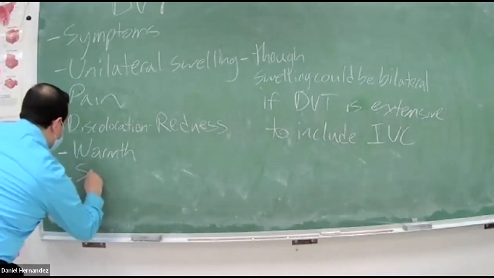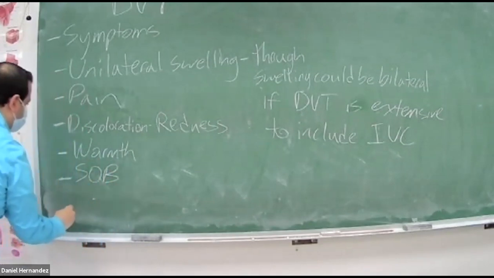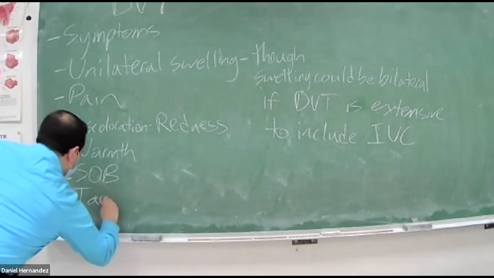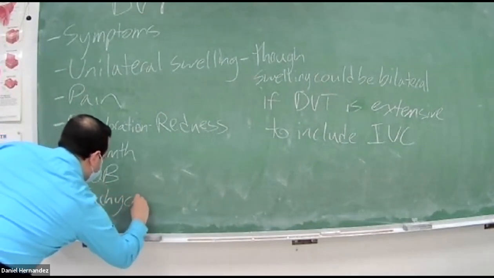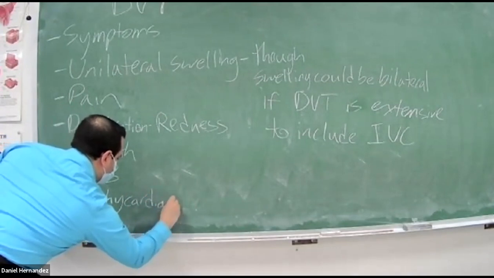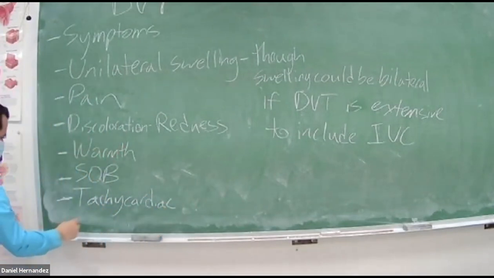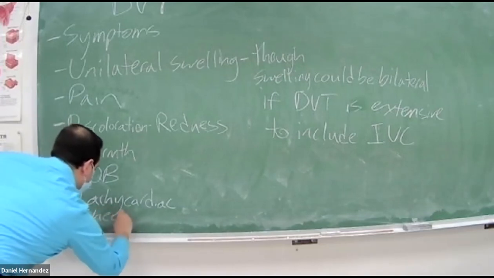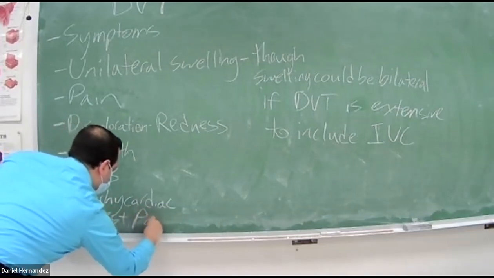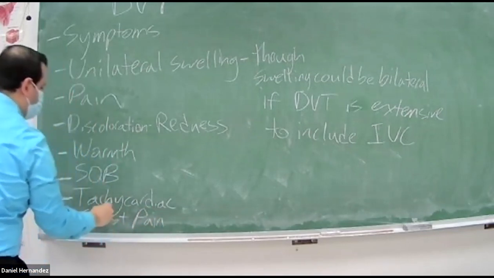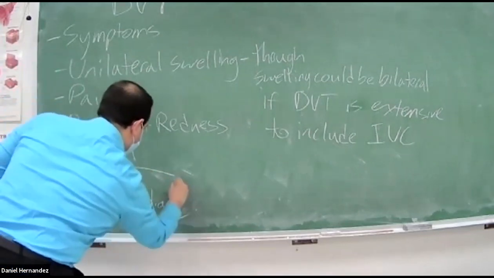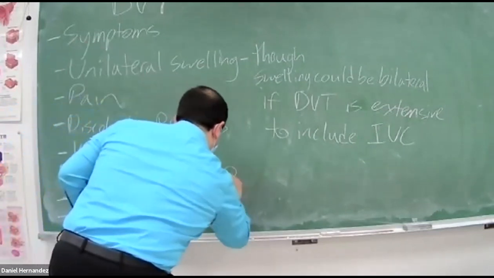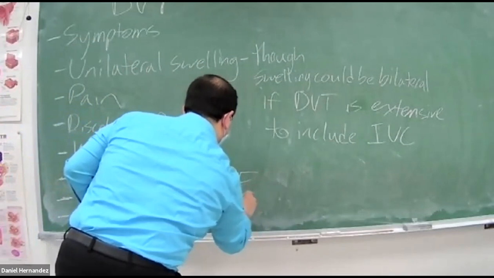So we can also have shortness of breath, tachycardia, and chest pain. Typically those three are more indicative of PE, or pulmonary embolism.